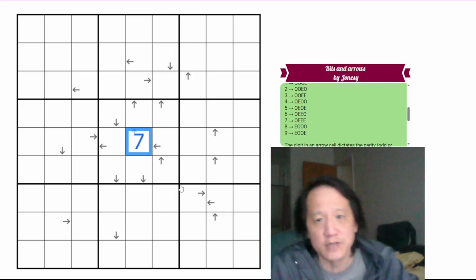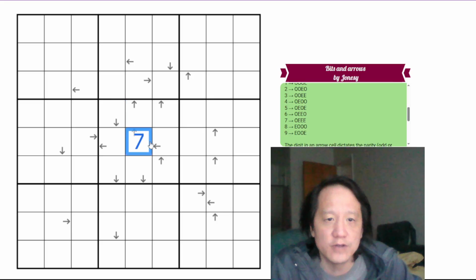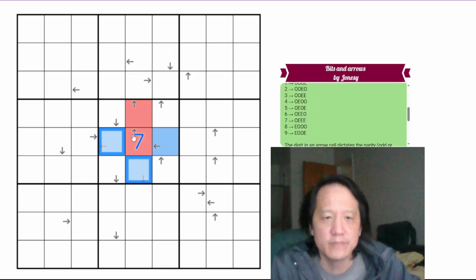What about 7? We have odd, even, even, even. So these are both odd. These would be even. Actually, let's do even digit with the third bit being odd. That's 4 and 8, right?